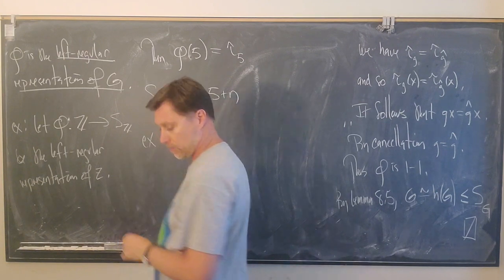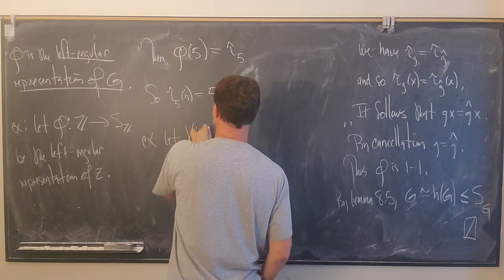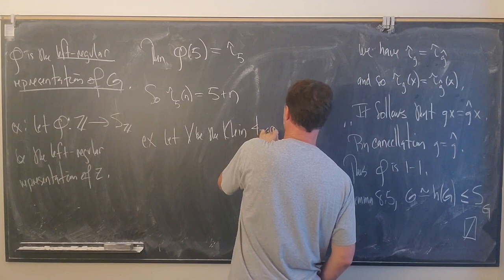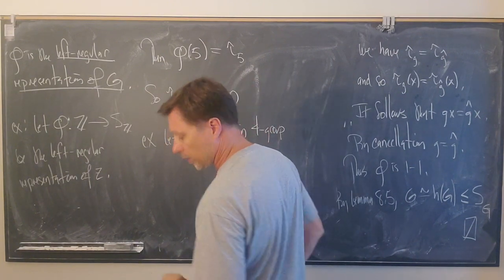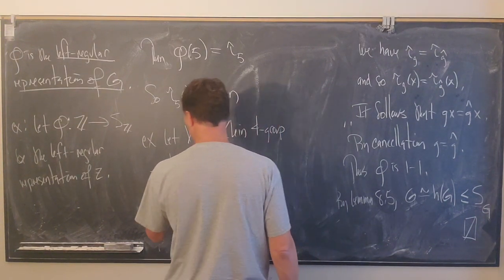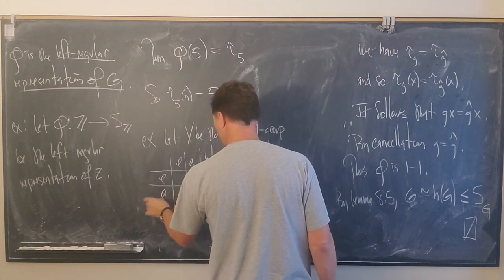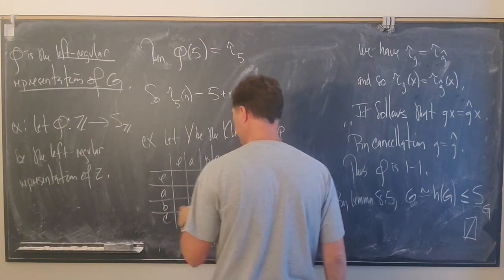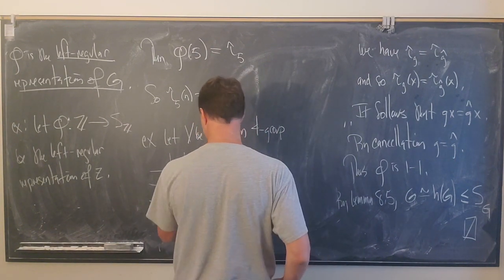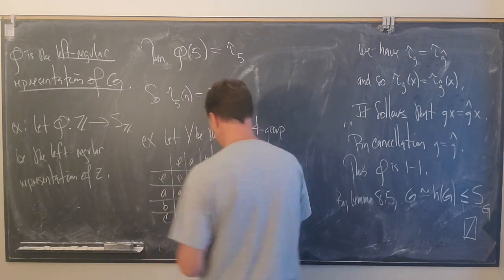Try one more example. Let V be the Klein 4 group. And let me just remind you by writing down the table real quick. So E, A, B, C, E, A, B, C. E, E, E, E. A, B, C, A, B, C. And I think, what do we choose here?